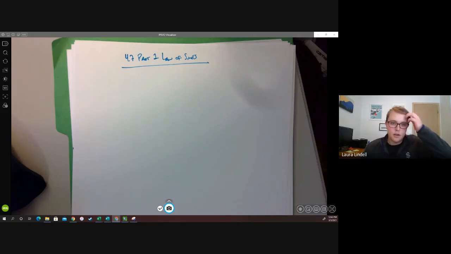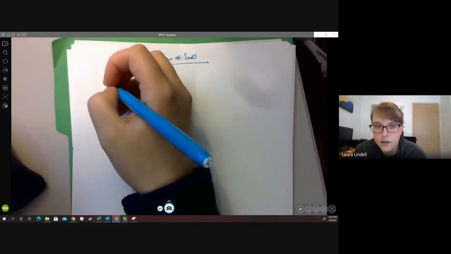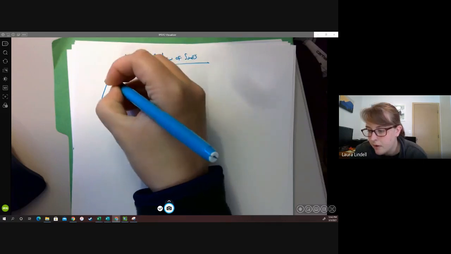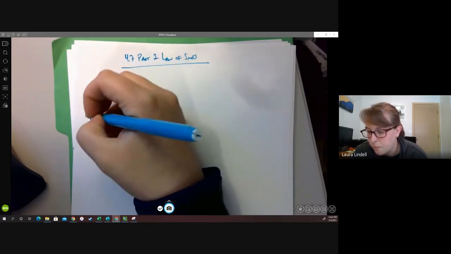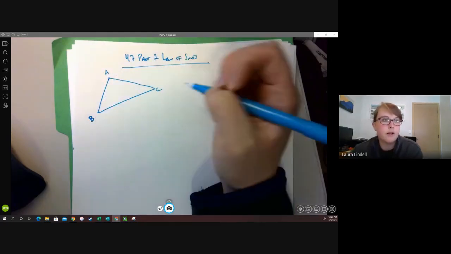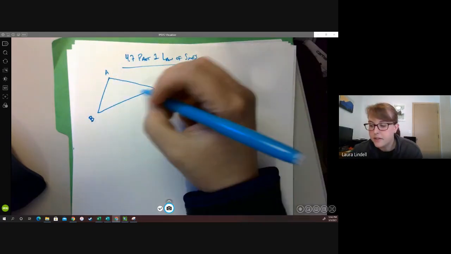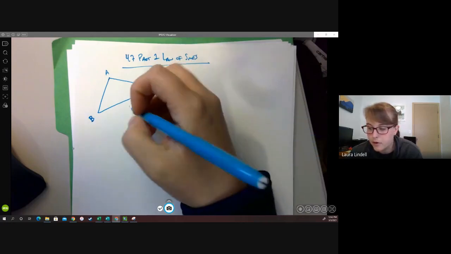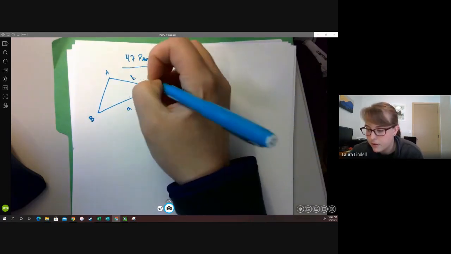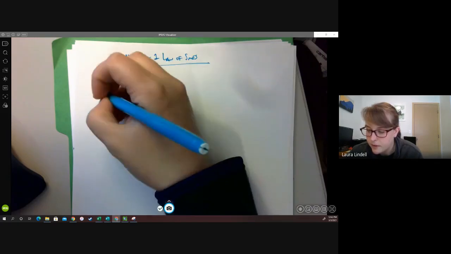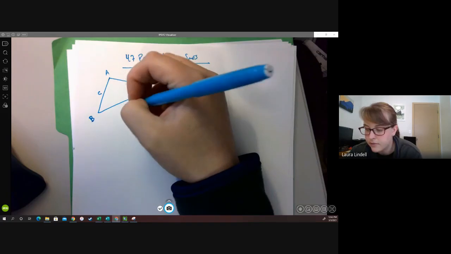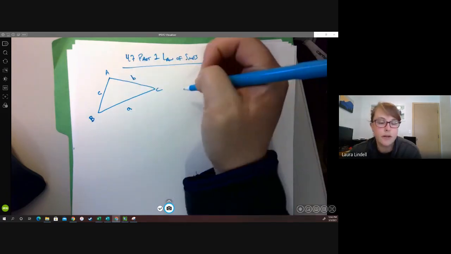So here's what the law of sines states. If you've got a triangle A, B, C, so these are our angles A, B, and C. The sides across from those angles will be denoted as the lowercase letters that go with the uppercase letter of that angle. So angle A is across from the side that's denoted by lowercase a.